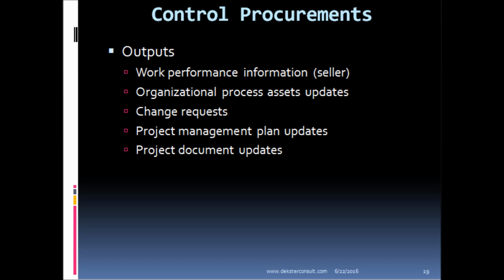This could be in the form of new lessons learned and useful information that could be of use for future projects. And there could be change requests that could arise out of controlling procurements. And when there are changes, definitely there will be the need to update our project management plan and other project documents.